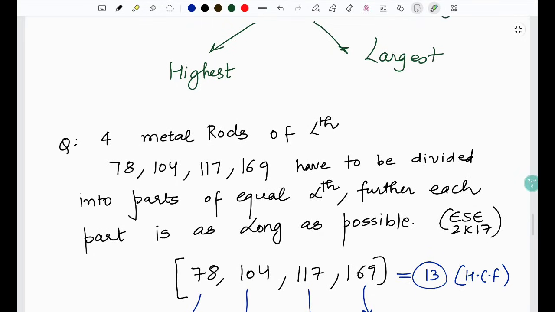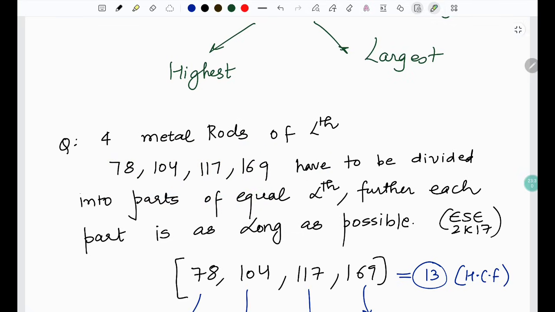It says 4 metal rods of length 78, 104, 117, 169 have to be divided into parts of equal length. Further, each part is as long as possible. So we have to find out how many parts we can divide these 4 metal rods into that will be of equal length, and that will be the maximum length in which we can divide these metal rods of length 78 units, 104 units, 117 units and 169 units.